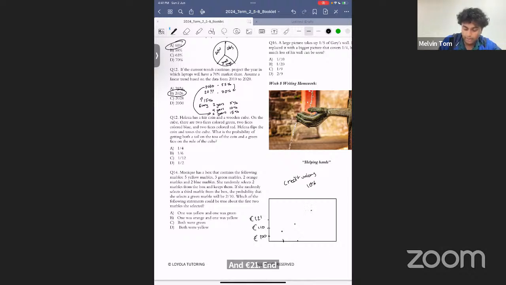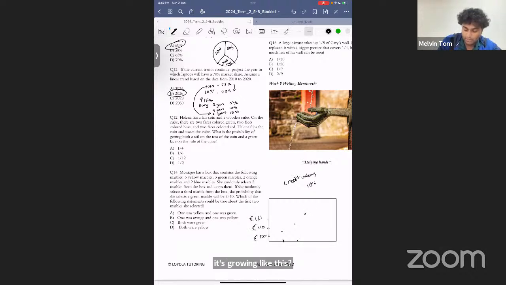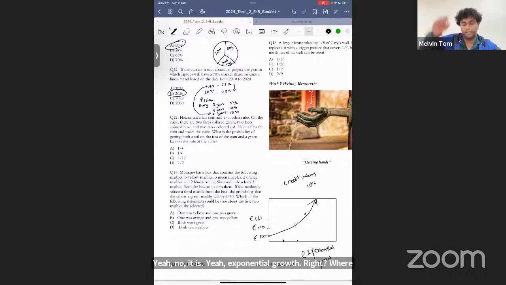End of year 3, year 4, year 5. Do you see how it's growing like this? I'll show you a more dramatic effect. It's growing like a hockey stick. That is called exponential growth, right? Sorry, it's compounding. I don't think it's perfectly exponential. Yeah, no, it is. Exponential growth, right? Where it grows like a hockey stick, where it curves up.